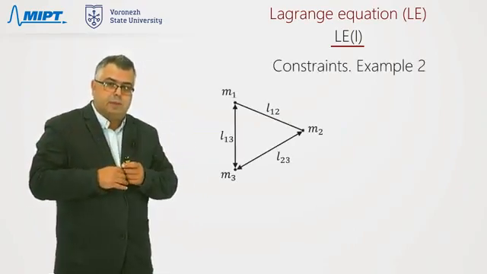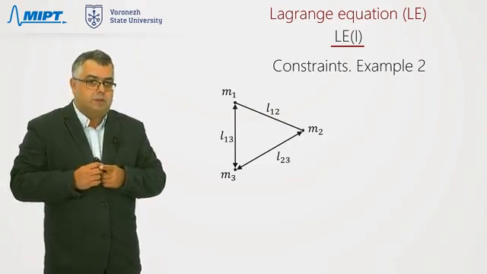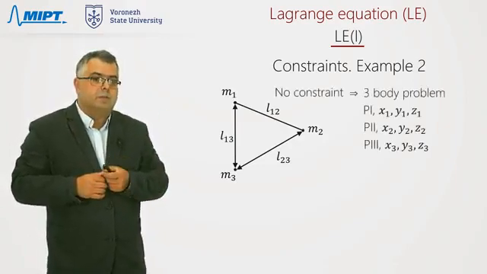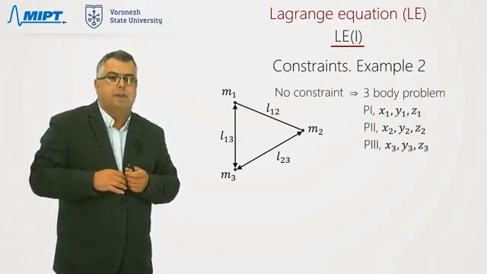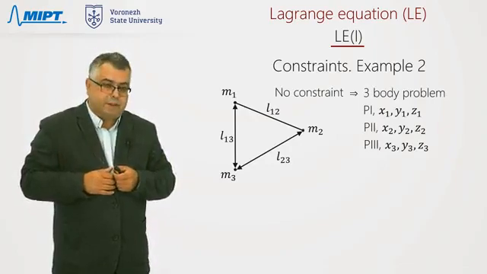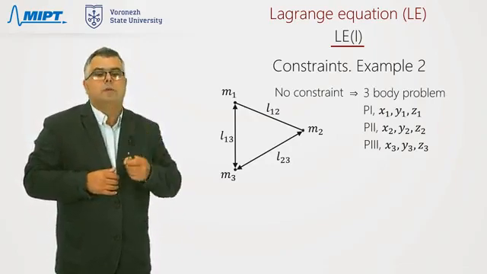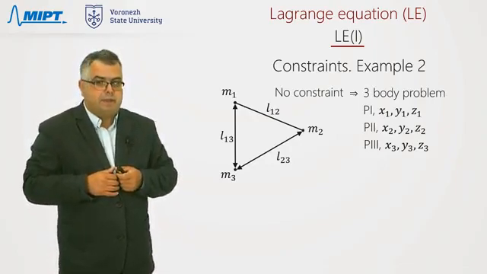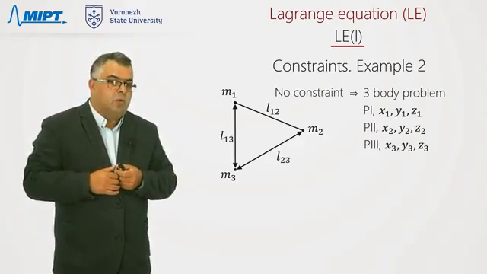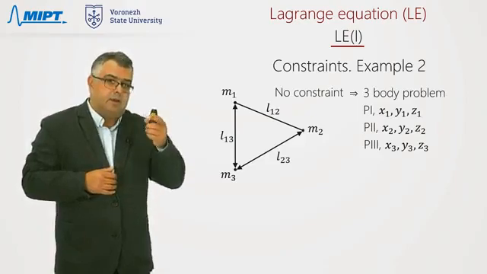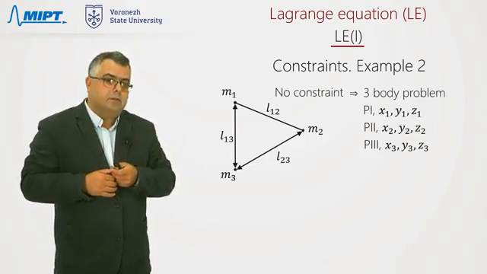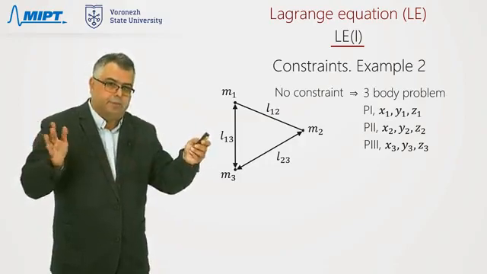In the second example, we will discuss our system, which is presented by three particles here. Each particle can be described in terms of three Cartesian coordinates. The first particle has mass m1 and coordinates x1, y1, z1, and the other two have coordinates x2, y2, z2, and so on.